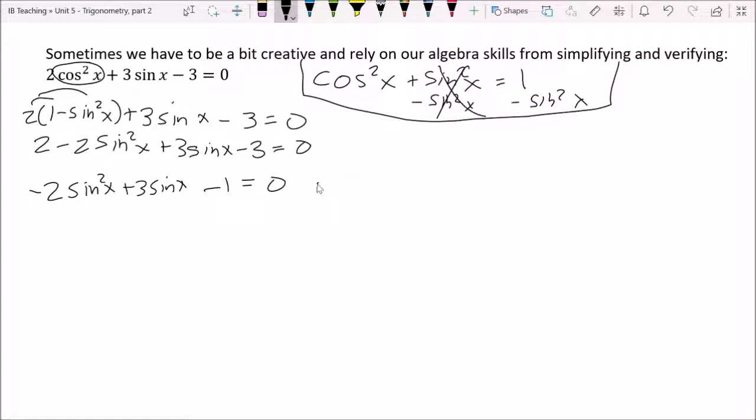Now that is not my personal cup of tea, so I'm going to multiply the whole equation by negative 1, and then it's going to look like this. 2 sine squared minus 3 sine x plus 1 equals 0. So the sign on everything changes because everything got multiplied by the same value. All right, so now I've got that positive coefficient.